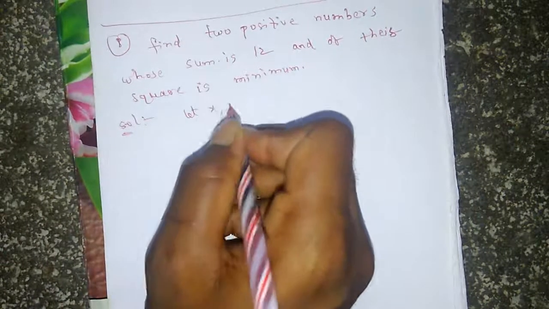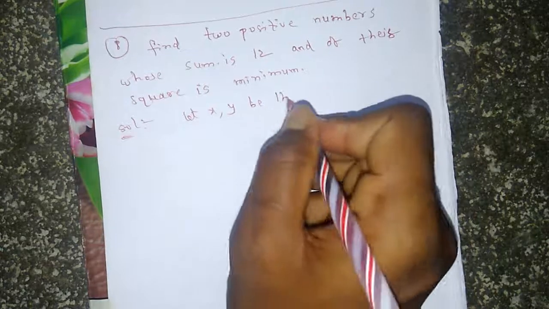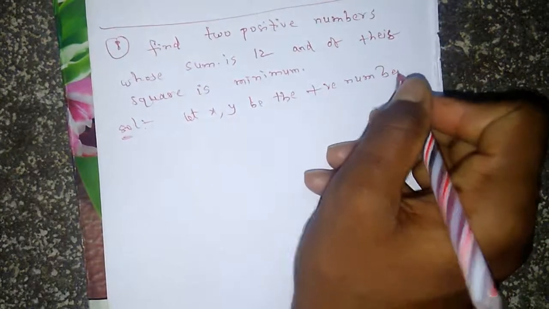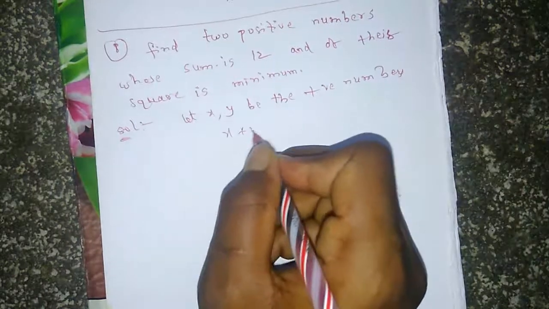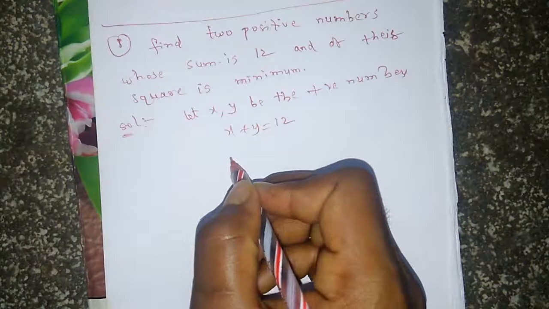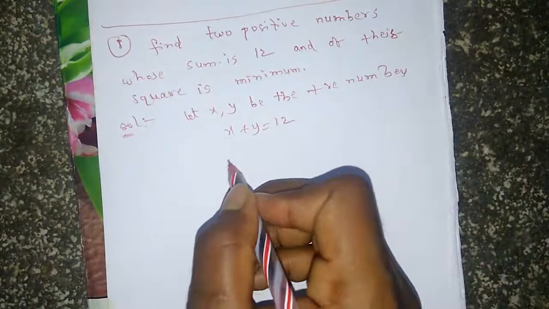Let x comma y be the positive numbers. Here given that x plus y is equal to 12 and sum of squares minimum.